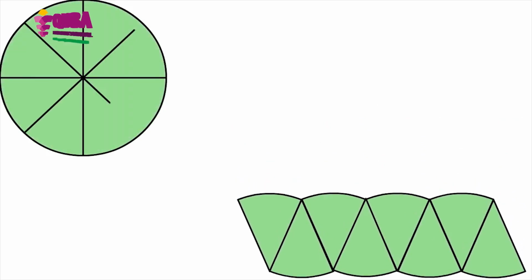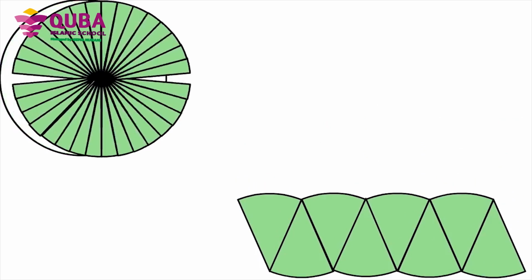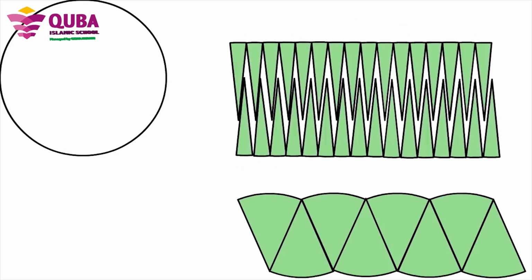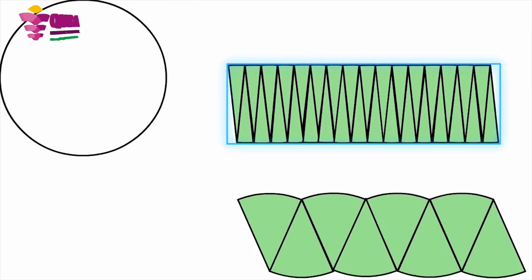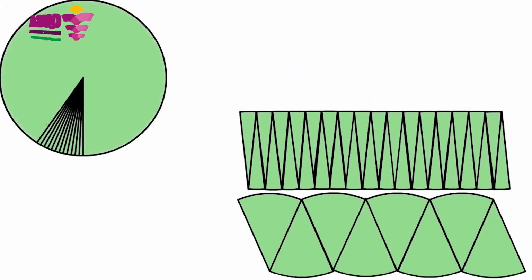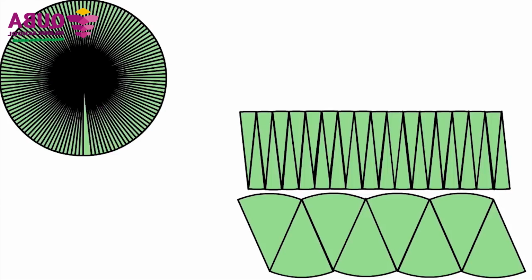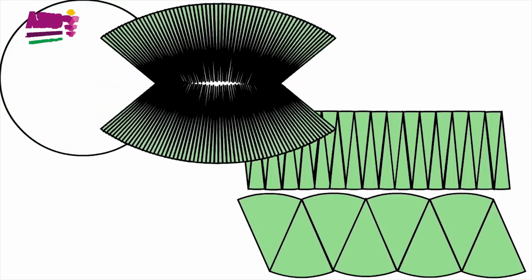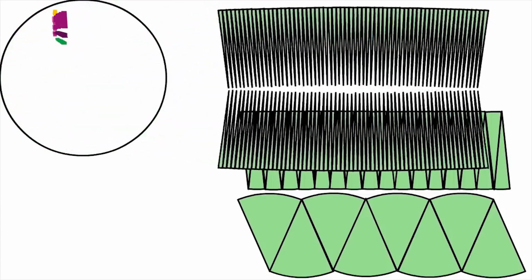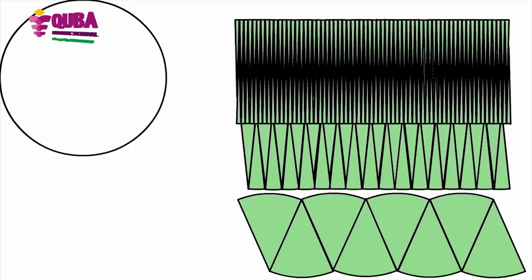So next, we will divide the circle into small equal pieces, and we will arrange them in the same manner. You can see that it appears more like a rectangle. If we divide the circle into even smaller pieces, every time the shape becomes more like a rectangle.